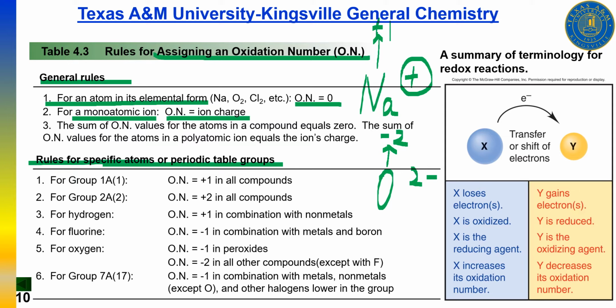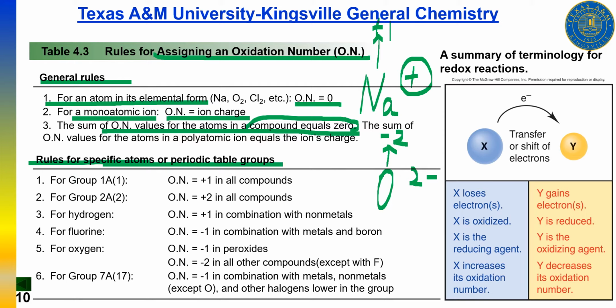If you have polyatomic ions or polyatomic compounds, what you are going to do? You are going to do this. The sum of the oxidation numbers for the atoms in your compound equals 0. If you have a compound, the charge is 0.